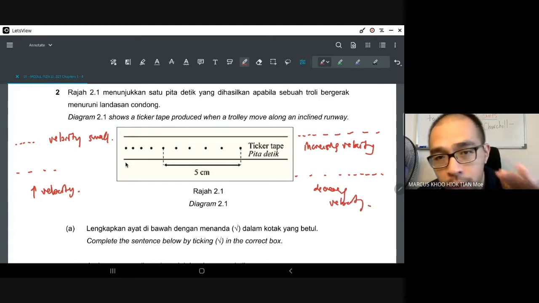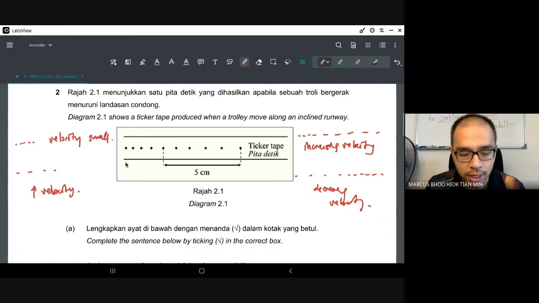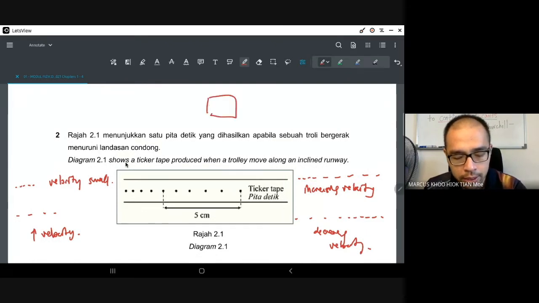The best way to think about this ticker tape is to think as if a car has a leak at the back. Let's say you have a car, and somewhere at the back is leaking oil.